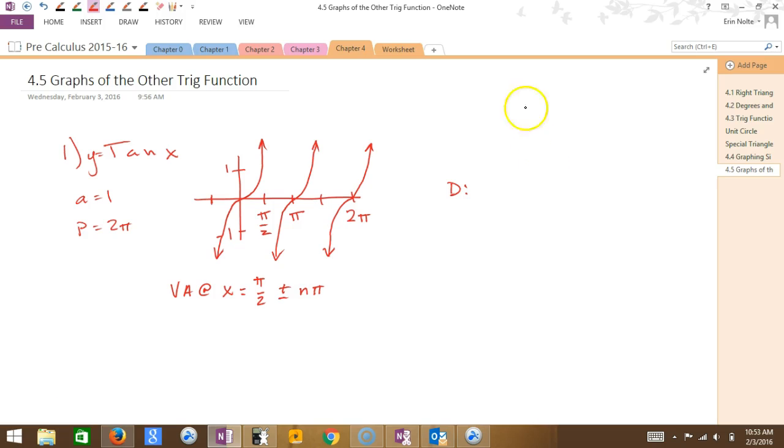So you can say all reals except what I just said for those vertical asymptotes. Pi over 2, that was the first one, and every 2 increments. So 2 increments is a distance of pi. And that will always hold true. No matter what your period is, it will always be every 2 increments.